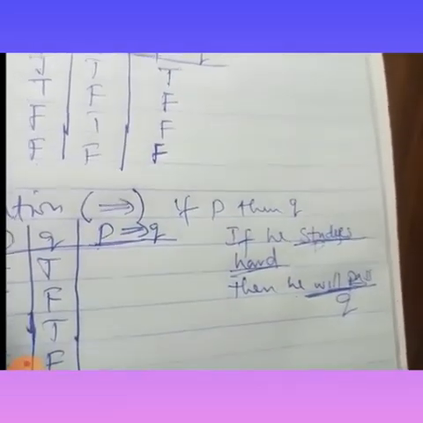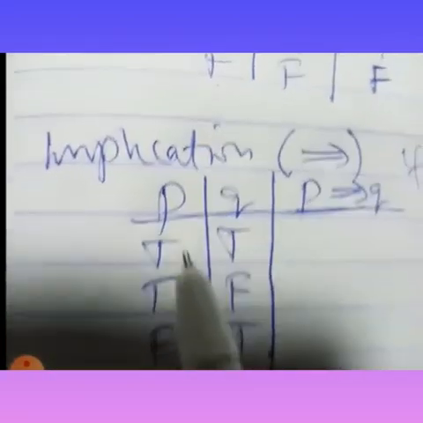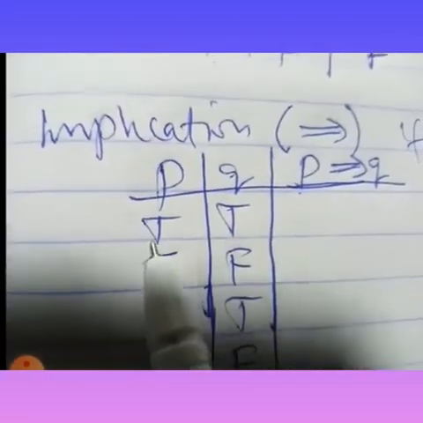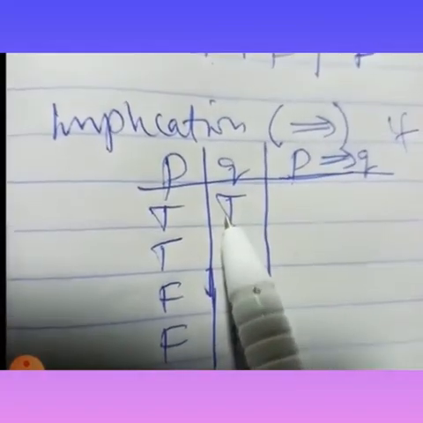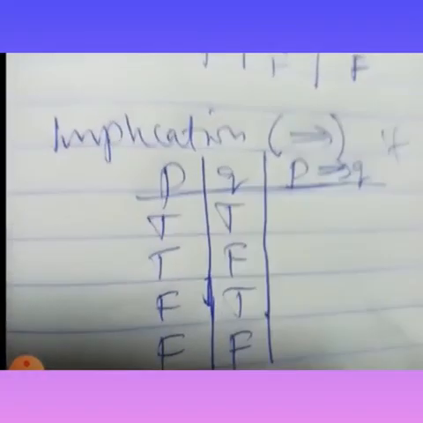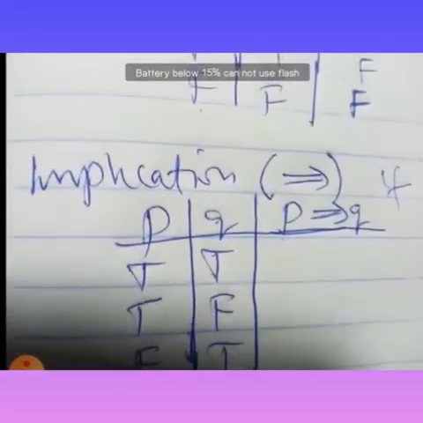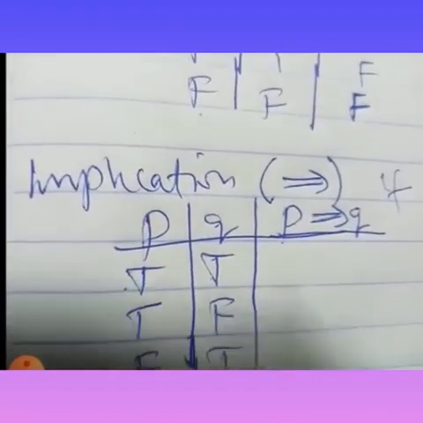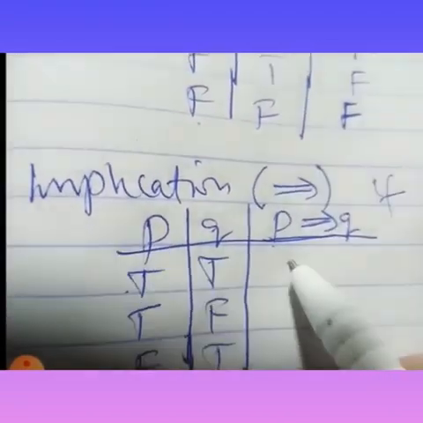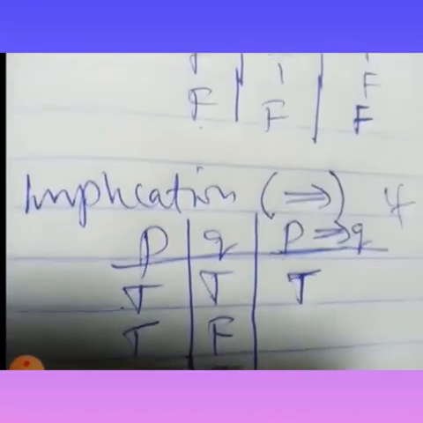Now, the first case here is true. He studies hard, then he passed. So it's true. The condition is that if he studies hard, he will pass. He studies hard and he also passed. True. So the final result will be true. That is for implication.